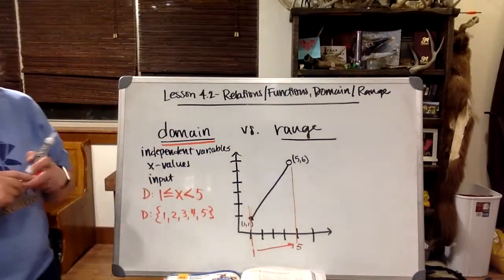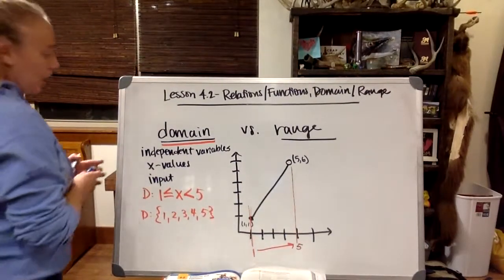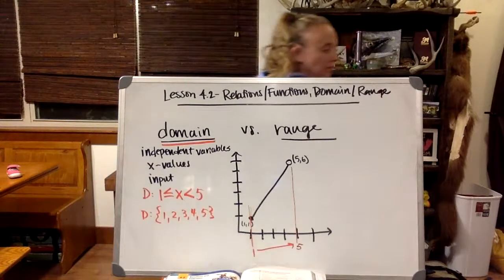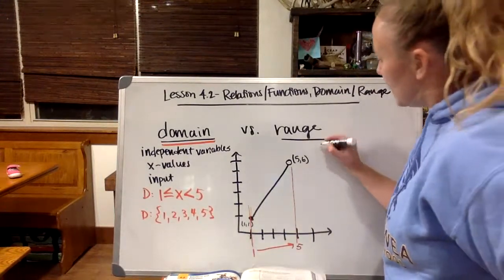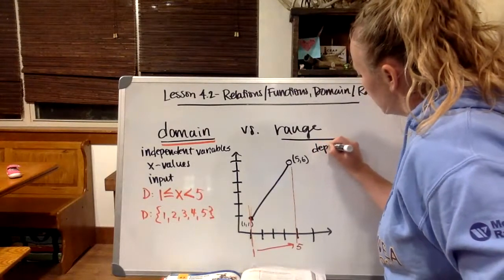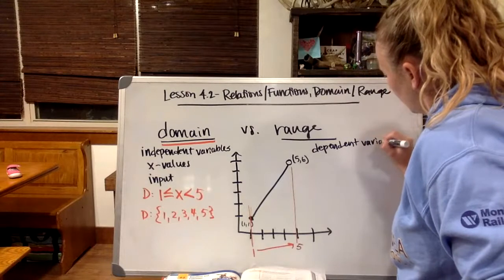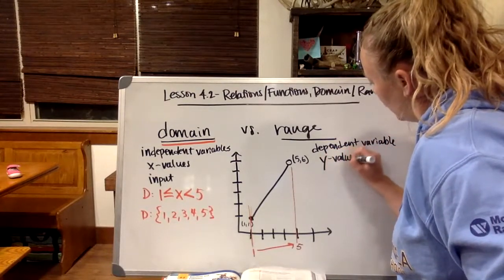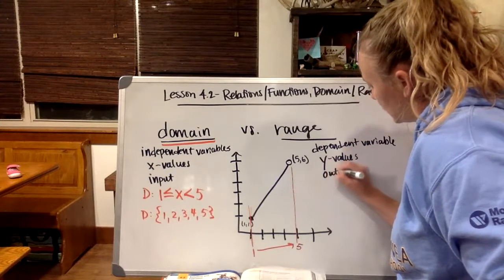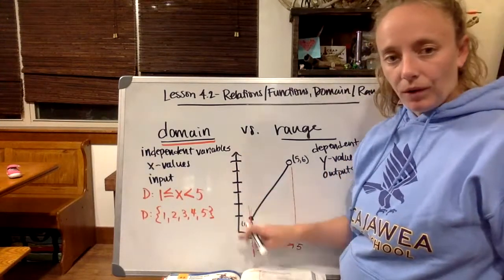Continuing on. Range. So if domain is our independent variables, our x values, our input, range then is exactly the opposite of that. So our range is our dependent variables. Our y values, our outputs. So that's essentially, we're talking about all of these vertical parts.